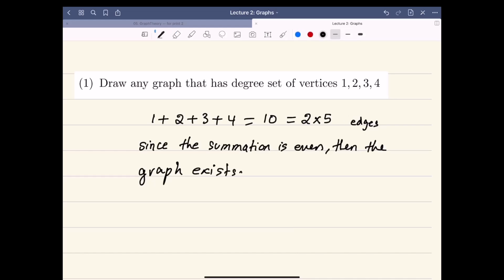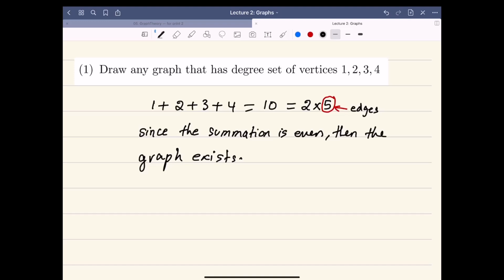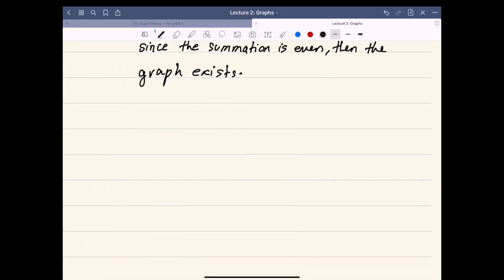And here I should draw, and this one is the number of edges. So let's give it a try and try to draw it by trial and error. As a first trial, I expect that I have 4 vertices and I will put them in this order. And I will just randomly draw an edge between these two, and between these two, and between these two. So here we have degree 1, degree 3, and degree 2.